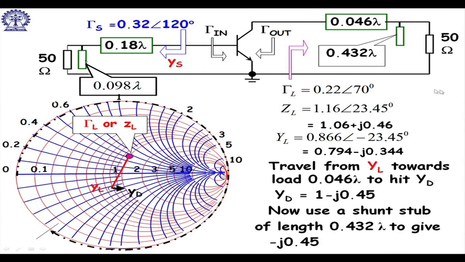So, this constant gain design gives you 50 ohm here, 50 ohm here, though actually the source and load impedances were different, but with matching it now appears as 50 ohm here and 50 ohm here. So, this is the total design for the given 11 dB gain.